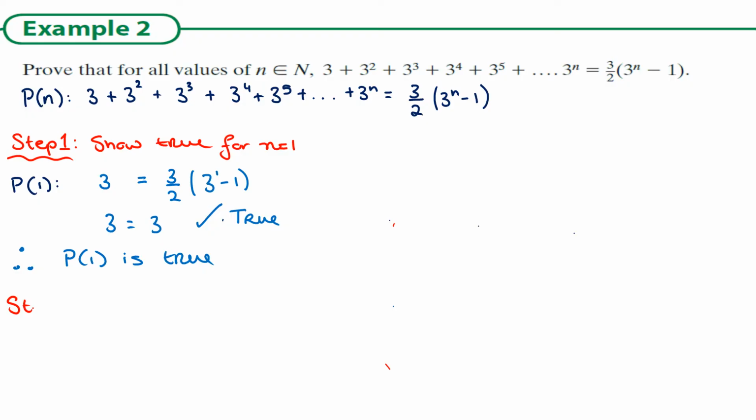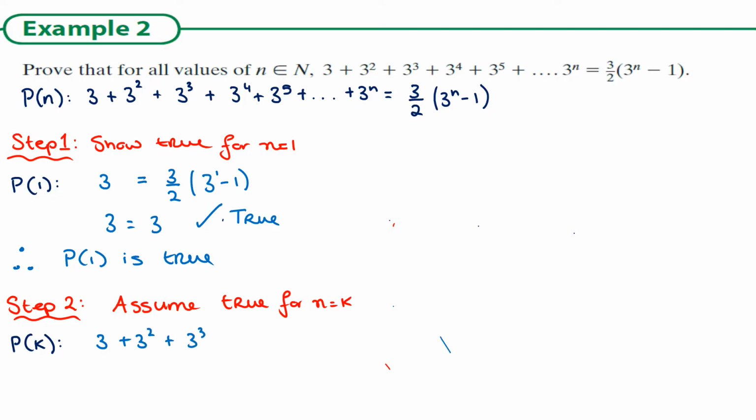So step 2, we're going to assume true for n equals k. And that is going to be Pk. And we're going to have 3 plus 3 squared plus 3 cubed plus 3 to the power of 4 plus 3 to the power of 5 plus dot dot dot plus 3 to the power of k.